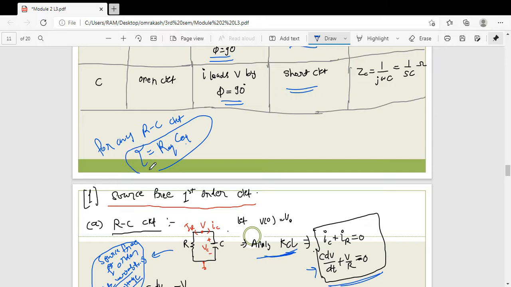Here in this circuit only one R and C is present, so that's why RC. Similarly, for any RL circuit, the time constant is equal to L equivalent divided by R equivalent. So please note this point.